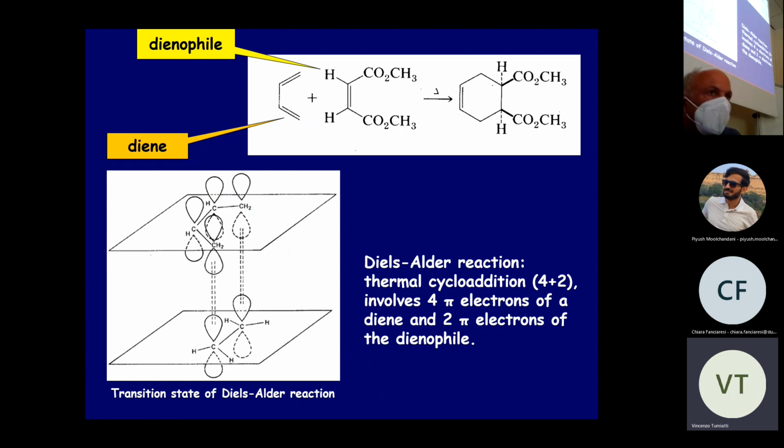Activated means electrophilic. Why electrophilic? Because you see there are 2 esters able to attract the electron cloud of the double bond. So we have 2 partial positive charges on this double bond.